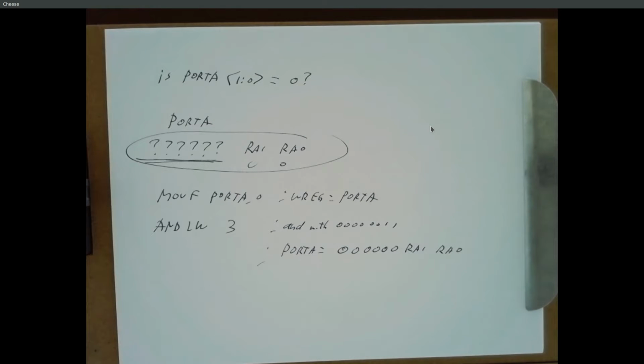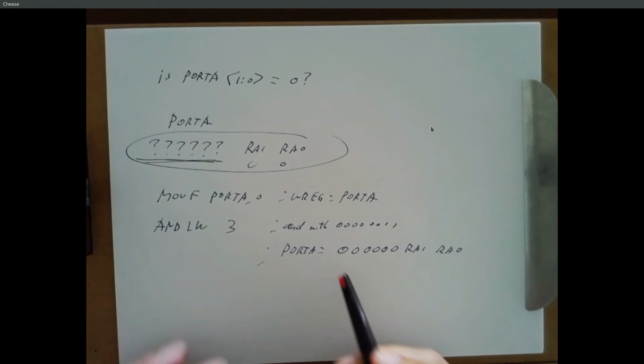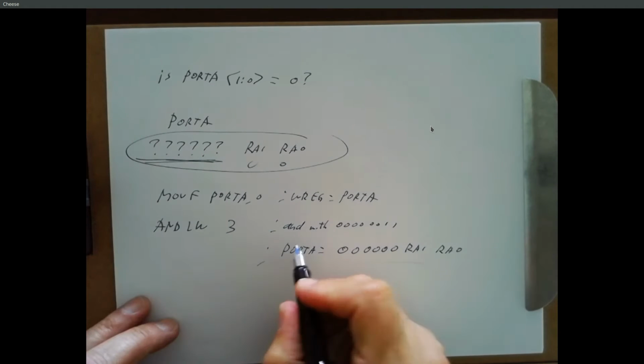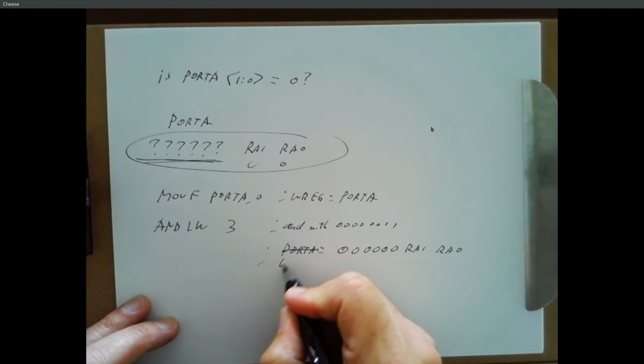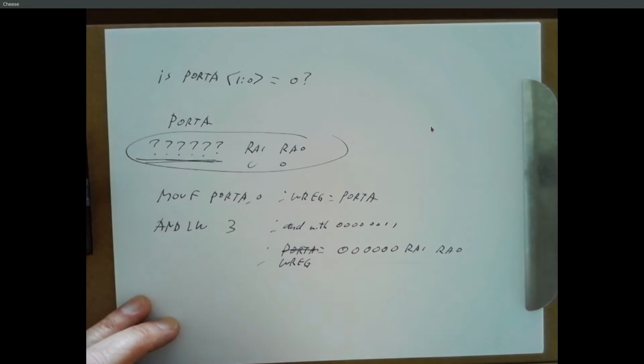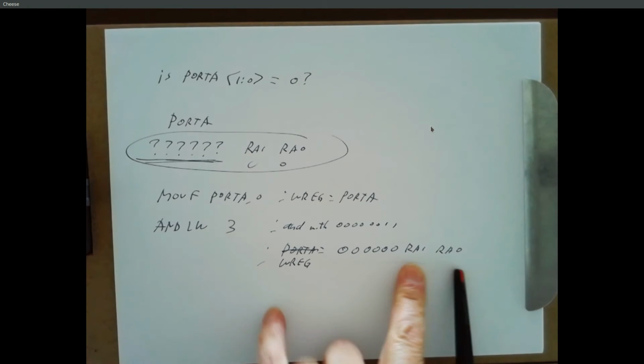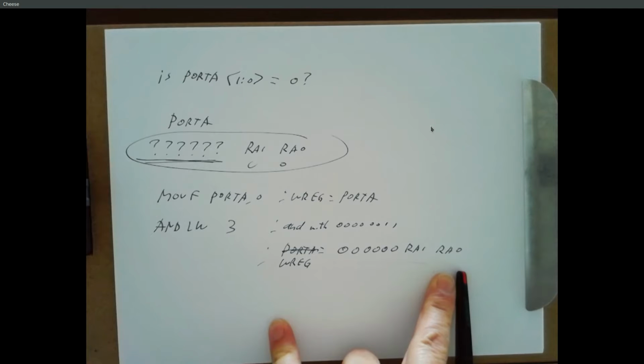All right, because anytime we AND with a 0, it doesn't matter if this question mark was a 1 or a 0. When we AND with a 0, it's going to become a 0. So now, sorry, this isn't port A, this is W reg. So now W reg is a bunch of zeros followed by RA1, RA0. Now I can say is W reg equal to 0.